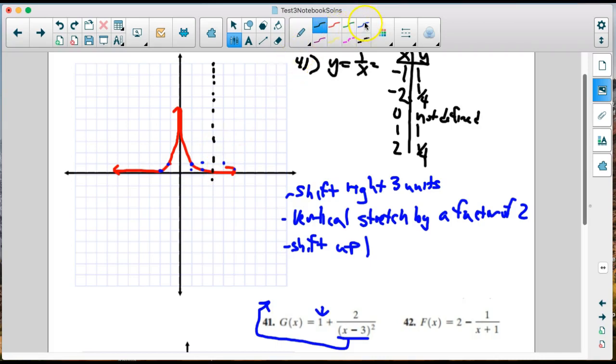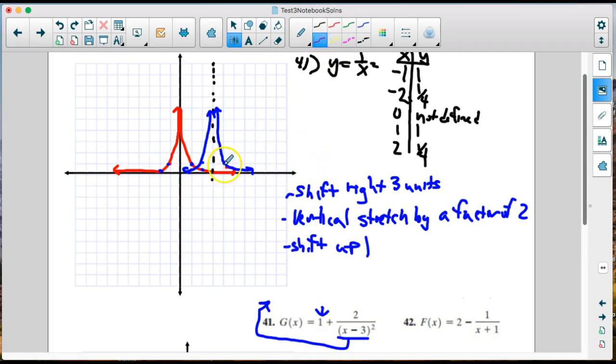So we're shifting in this direction by this factor, so it's going to go up along the axis and bend around. So this is my first transformation of right 3 units.